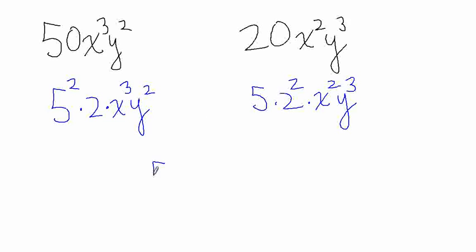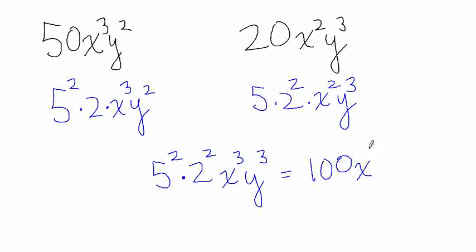So we need 2 5's, we need 2 2's, we need 3 x's, and we need 3 y's. Okay? Now we can write that as 100x cubed y cubed, and that is the least common denominator for that example. All right?